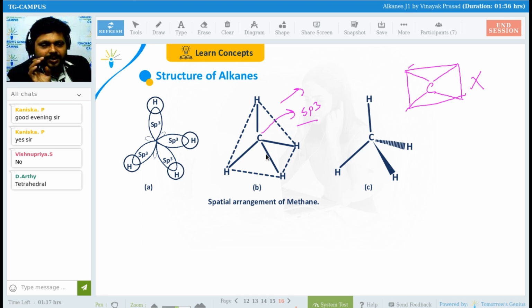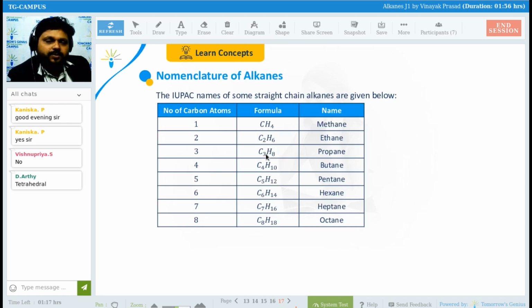I have given you the trick many times for finding whether it will be sp2 hybridization, sp3 hybridization, or sp hybridization. Is it fine? Any doubt for anyone? No? So I am not going to teach this again, guys.